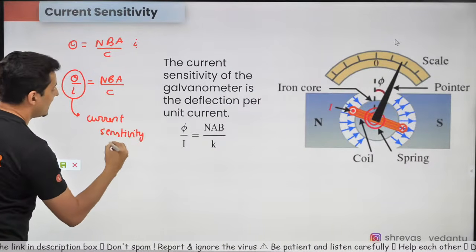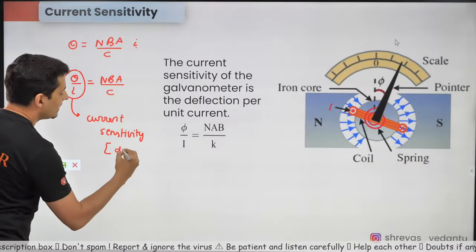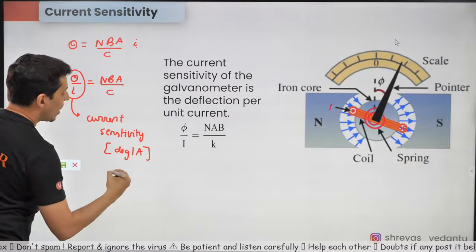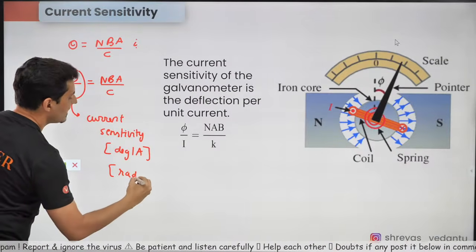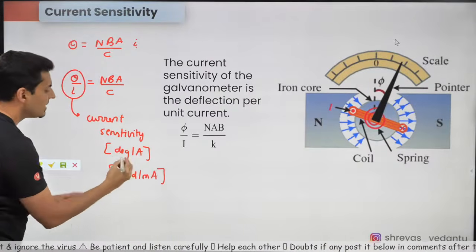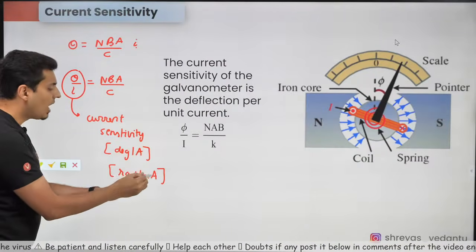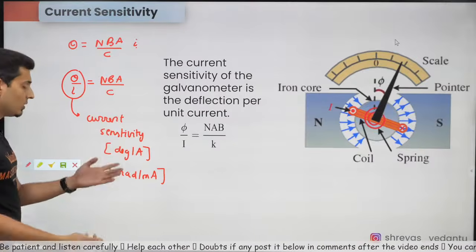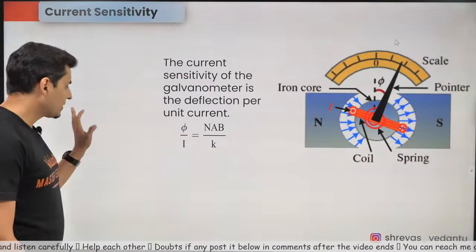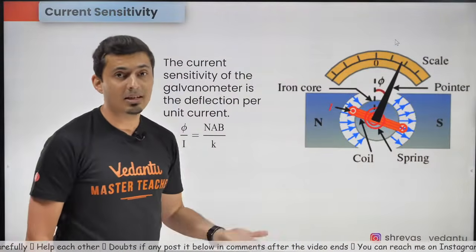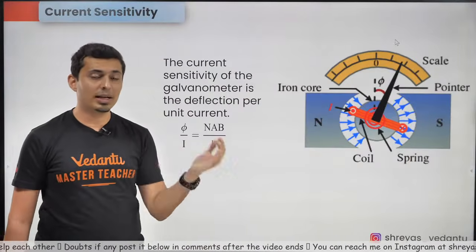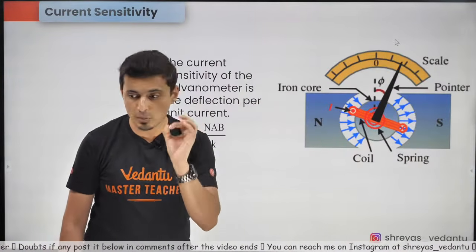The unit of that will be either degrees per ampere or radians per milliampere, anything. You can use some unit of angle upon some unit of current. That's what current sensitivity stands for: how much it deflects per unit current that you pass through it.